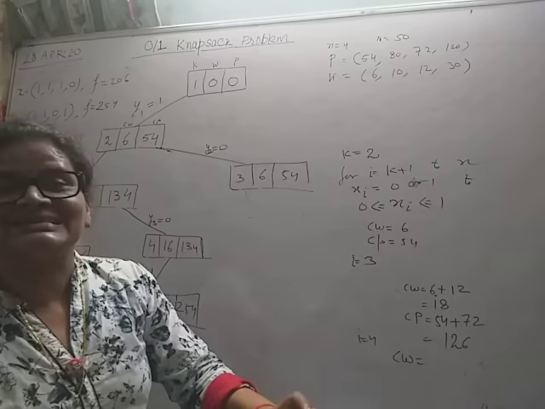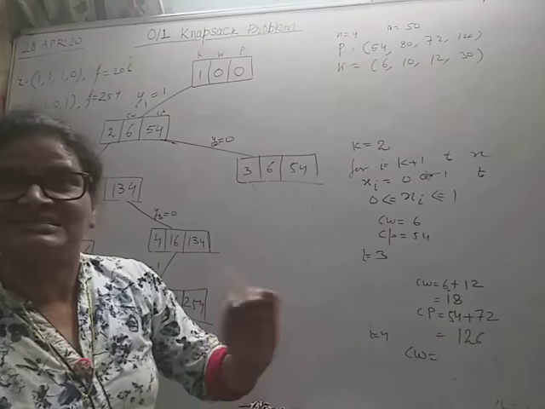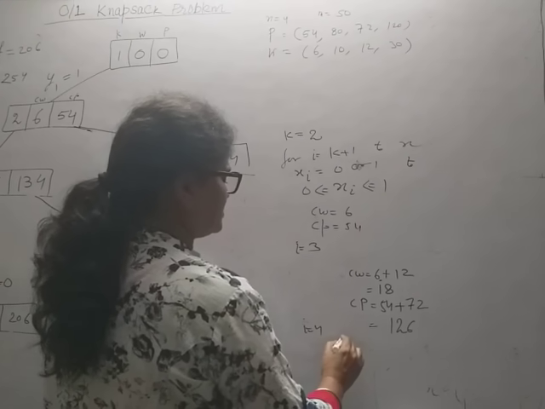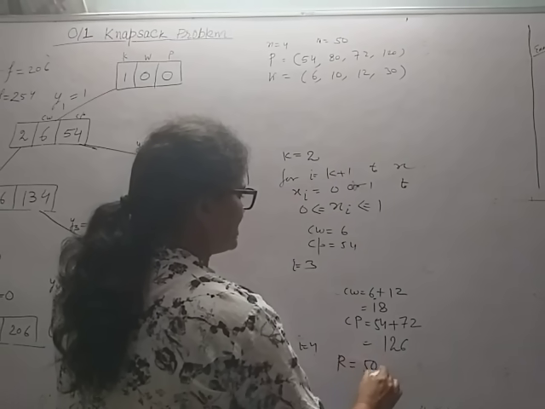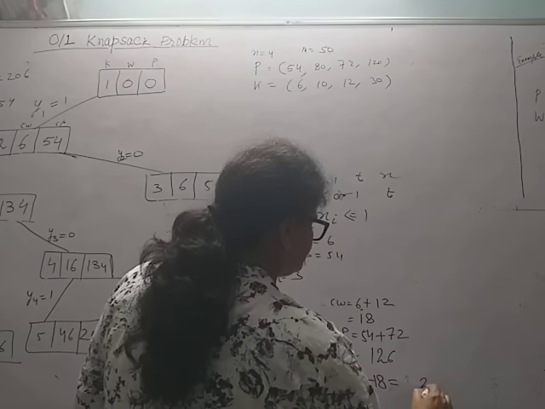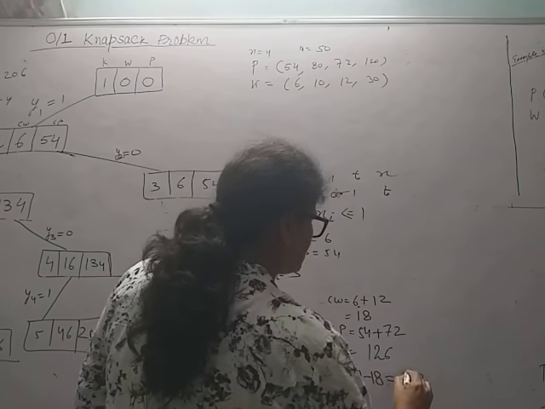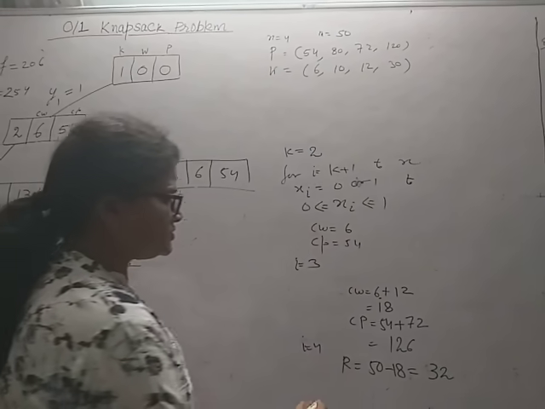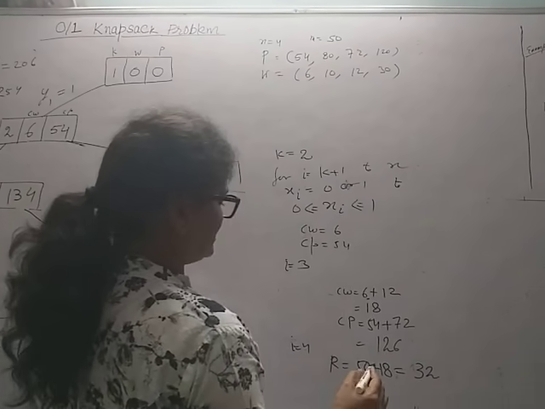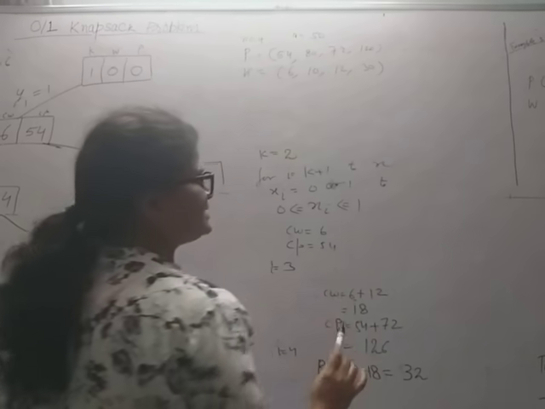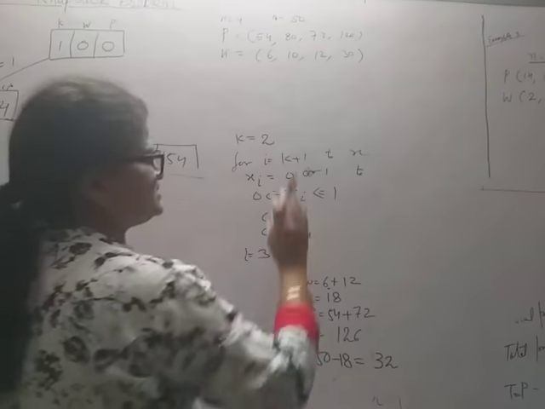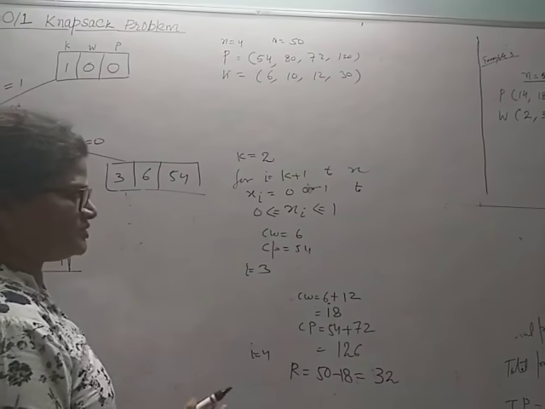So I relax the condition so that fractions are allowed. So the remaining capacity is R equal to 50 minus 18, which is 32. So now the remaining capacity is 32. Here the weight is 30, so 30 can be added fully, because 18 plus 30 is 48, which is less than or equal to 50.